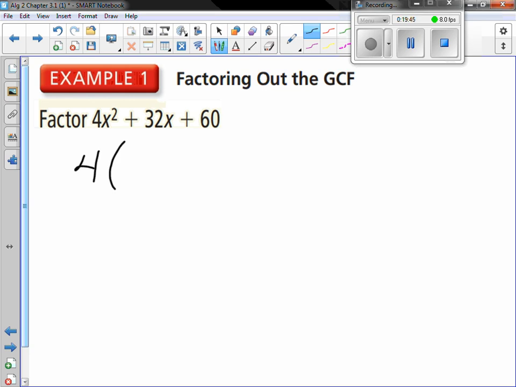So 4 out of 4x squared would give me x squared. 32 divided by 4. And if you have trouble with doing those, you can divide each one. So I can type in the calculator 4 divided by 4.